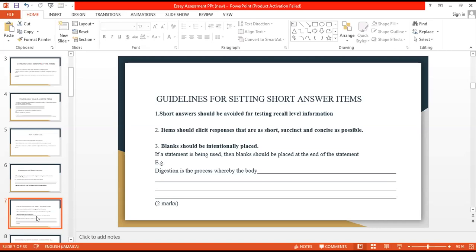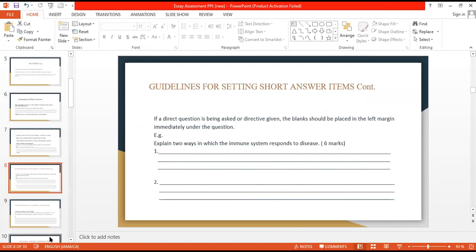If you realize, the blank, the line, starts exactly after the word body. So when you're setting exam questions and asking students to complete statements, that is where you put the line. You don't put it below the statement, you put it exactly beside the statement.